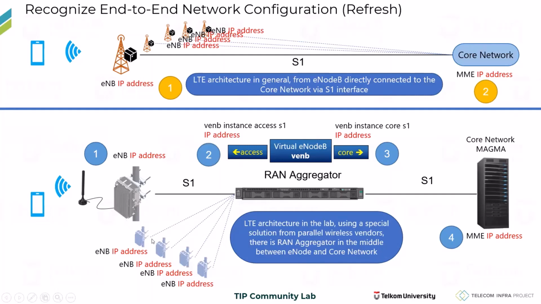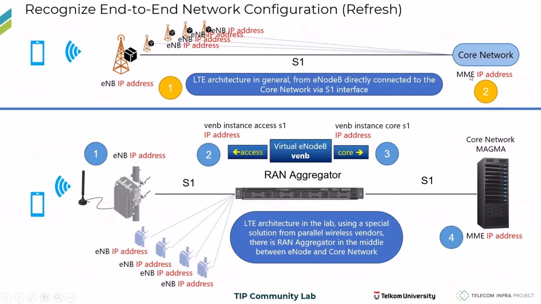It has an IP address for each iNode-B, same as this, but it is aggregated in the RAN aggregator. We call it HNG, HetNet Gateway. And then after it is aggregated, it is passed through the S1 connection with a single connection to the core network.